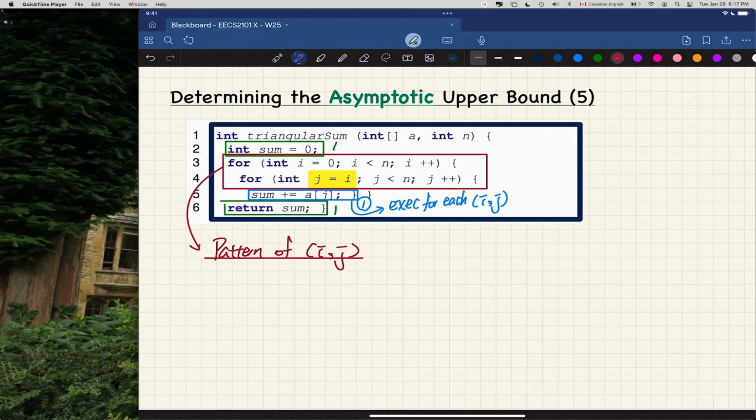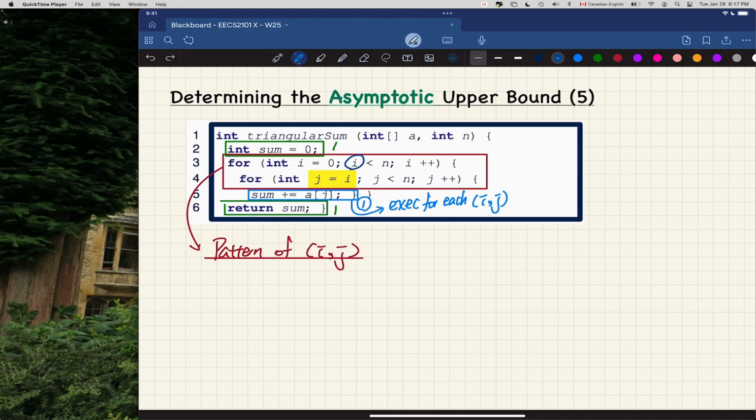Since the outer loop has i, we're going to start with i, the first dimension. i will be from 0 all the way to n minus 1, the same as before. That one's straightforward. So I'm just going to use, again, the blue for i, and the purple for j.